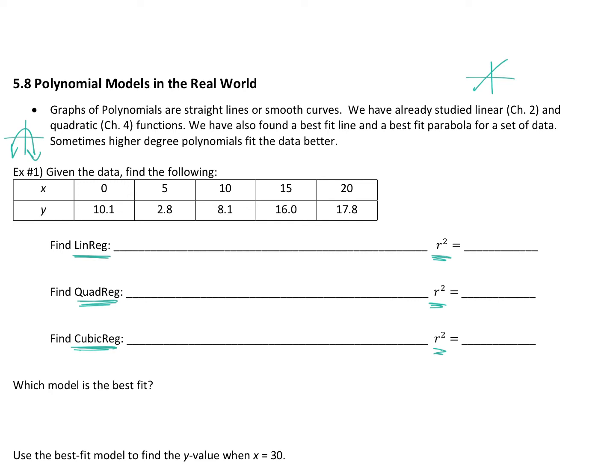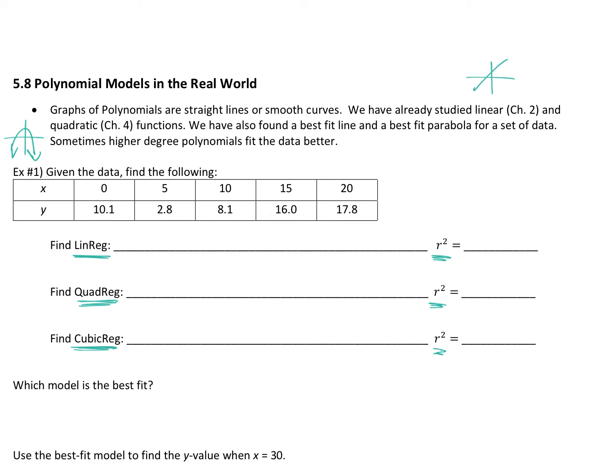So this one, you end up with the equation y equals a negative 0.012. This is a cubic, so x to the 3rd, plus 0.433x squared minus 3.297x plus 10.081.